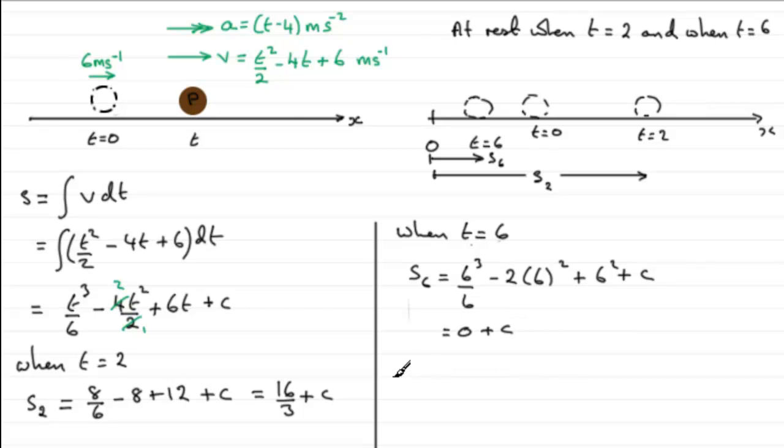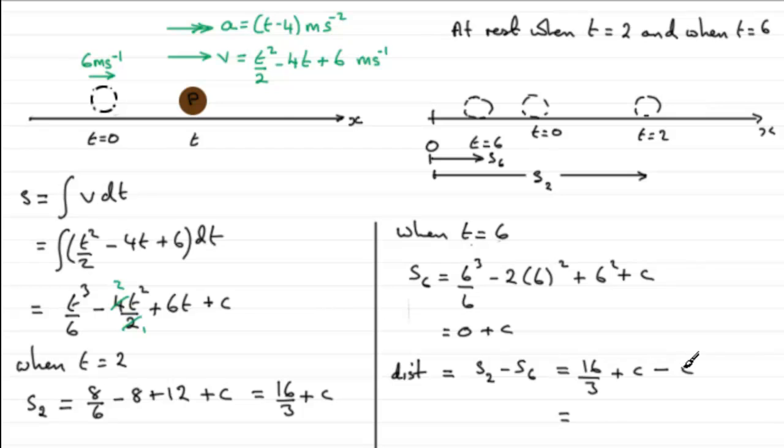So we can now get that distance between the particle when it's at instantaneous rest. It's going to be S2 minus S6. And what does that equal? Well, we've got 16/3 plus c, and then we just need to subtract c here. 0 plus c is simply c.